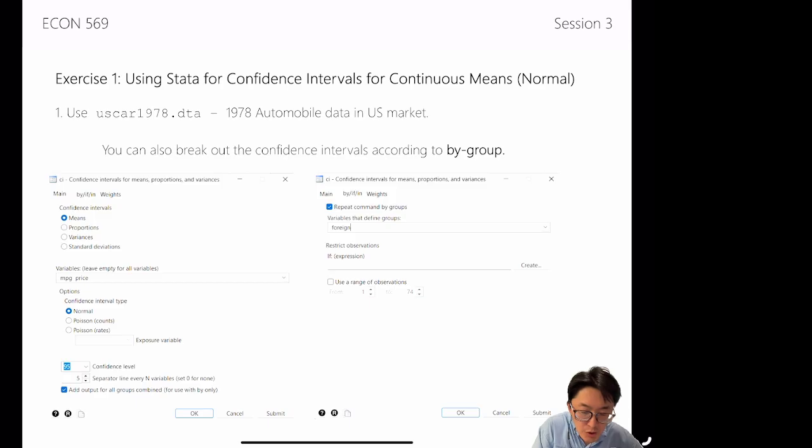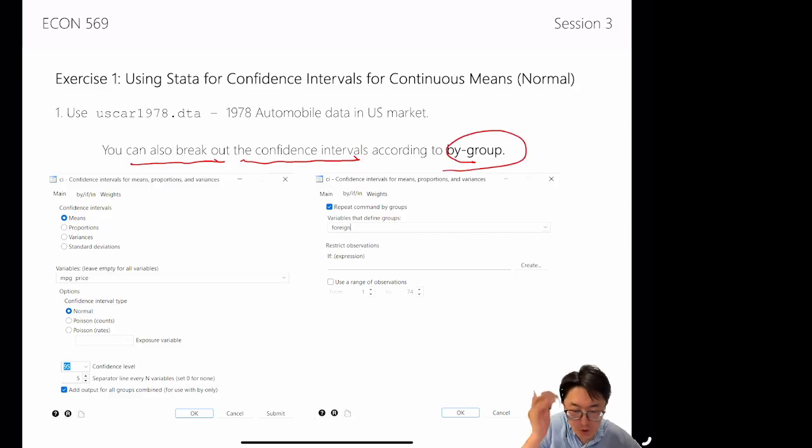Sometimes you can also break out the confidence interval according to group. So if you take a look at the original data, you can see whether this car belongs to the group of domestic cars or foreign-made cars.